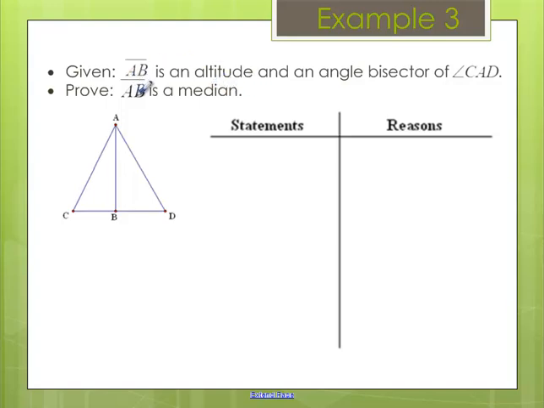Now we have AB is an altitude and an angle bisector of CAD. So we have a proof now. We're going to go ahead and write our given: altitude and angle bisector.